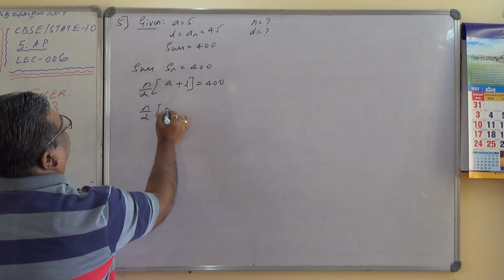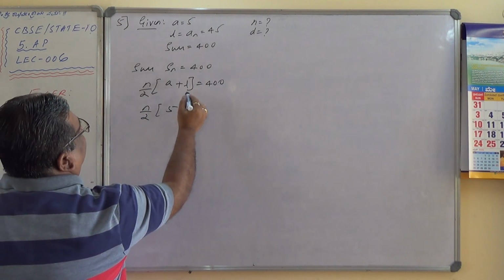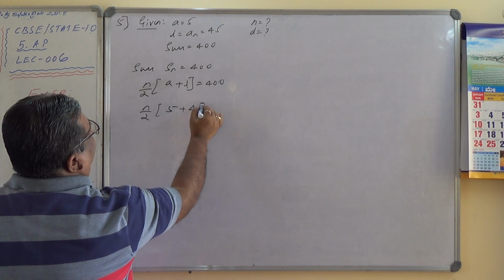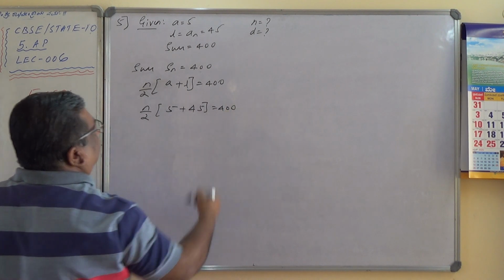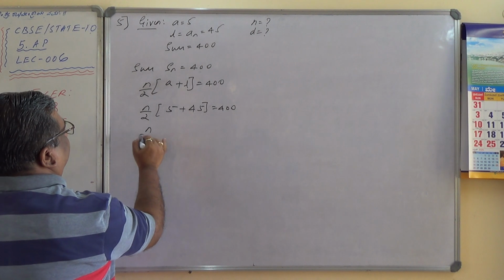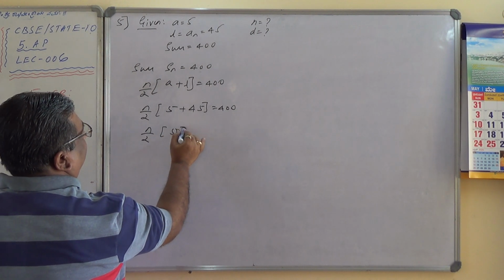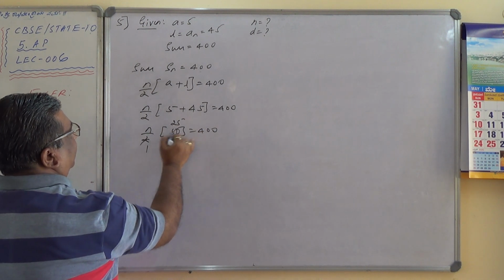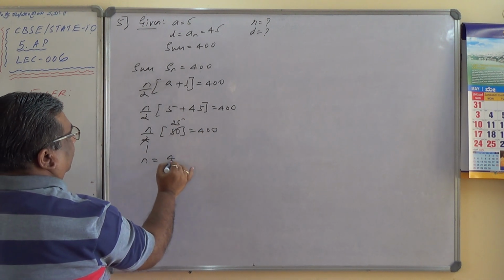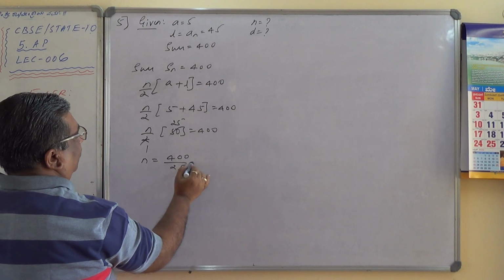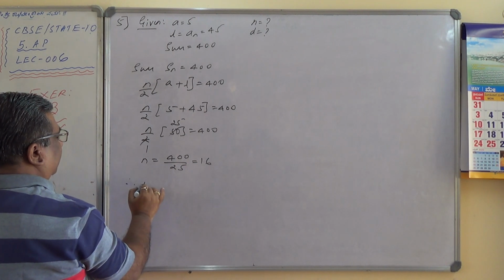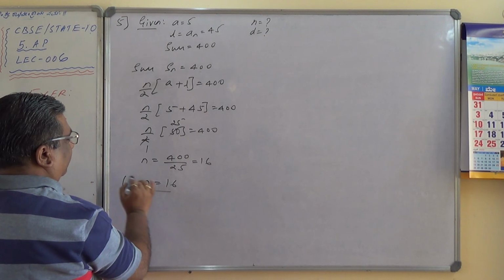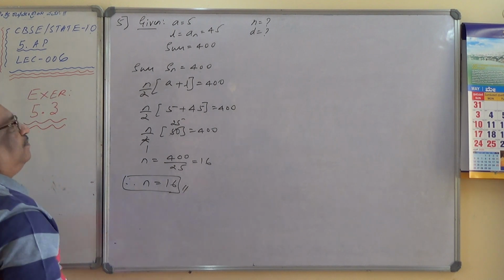N by 2 into bracket 5 plus 45 equals 400. Four hundred by 25, which is 16. N equals 16, we found out 16 terms.